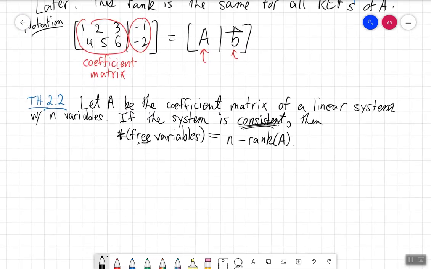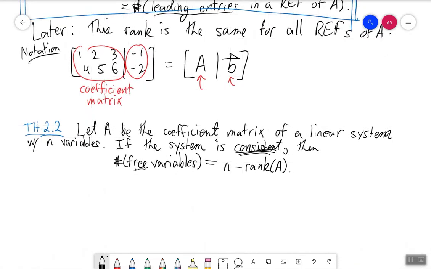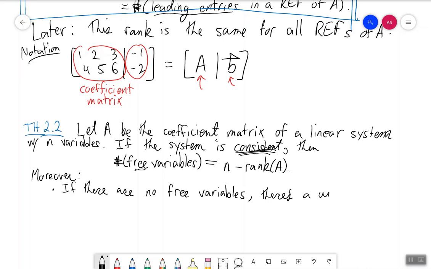Let's move this back up a little bit. There's a couple other parts of the theorem. Moreover, if there are no free variables, there's a unique solution. It's not really anything special about rank.